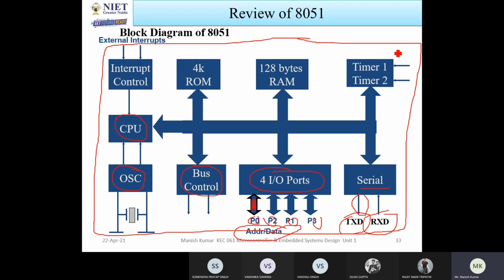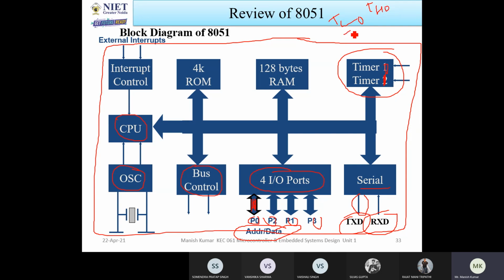There are 2 dedicated timers, timer 0 and timer 1, which I already discussed. These timers are 16 bit, so they use TL and TH, lower byte and higher byte. This is TL0, the lower byte of timer 0, and TH0, the higher byte of timer 0.